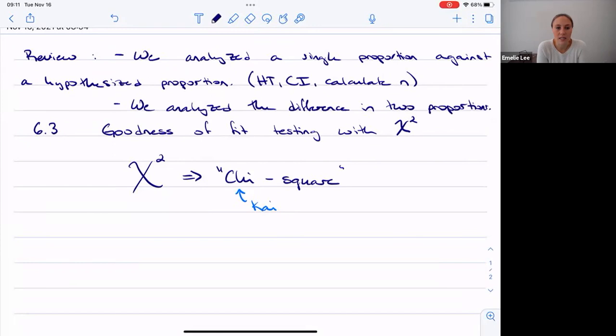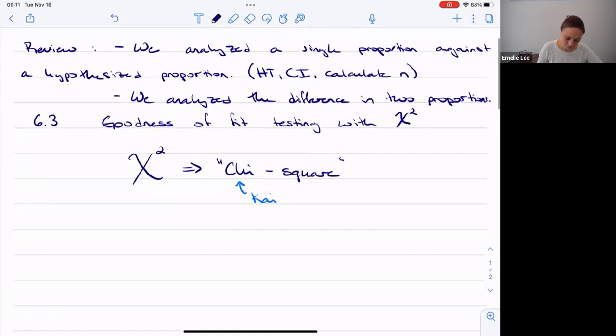Goodness of fit testing extends this so that we can look at more than just two proportions, right? We can look at one proportion: how does it compare to some hypothesized value? That's great. We can compare two proportions, but what if we have some categorical variable with 4 categories, and I have some idea of the distribution among those categories?